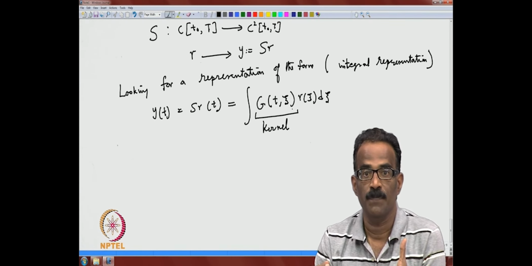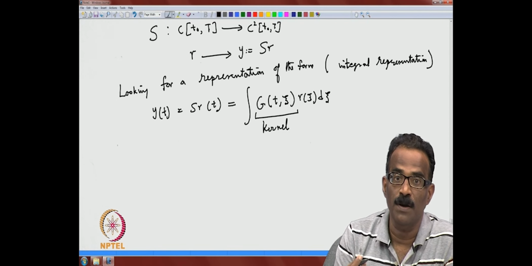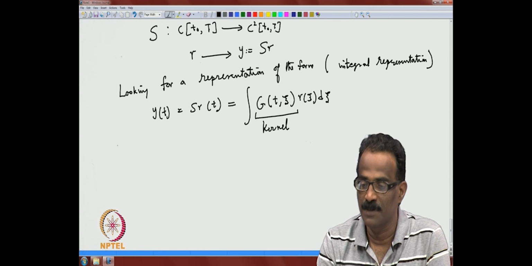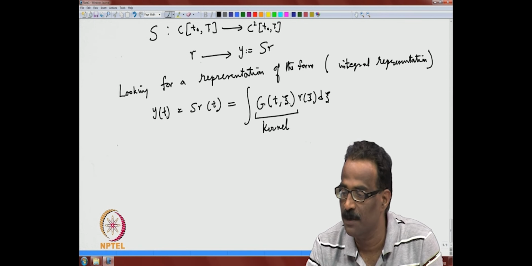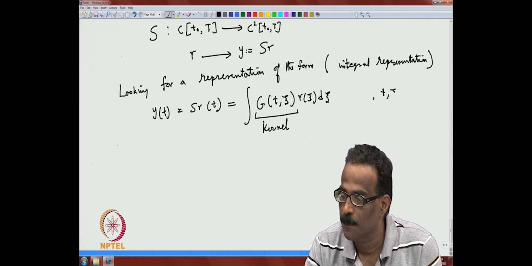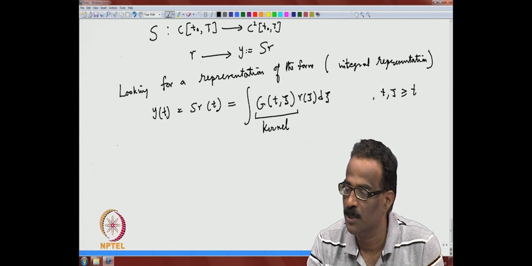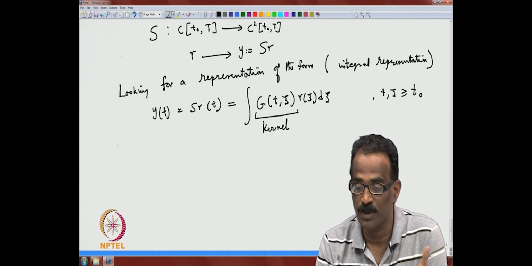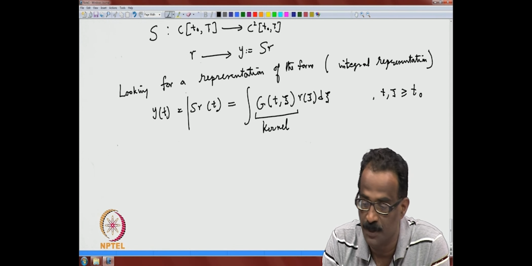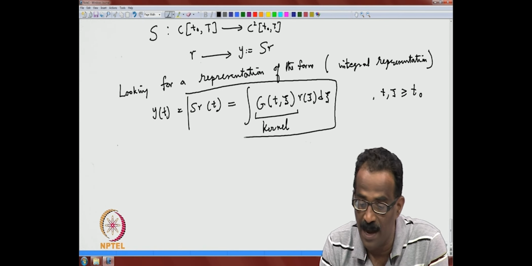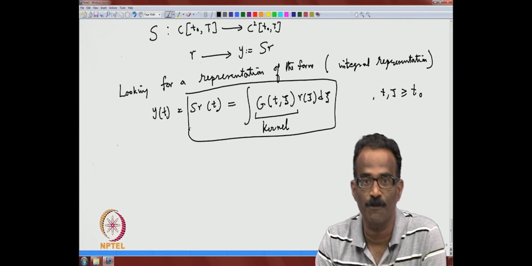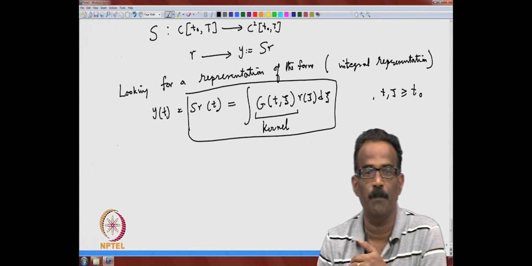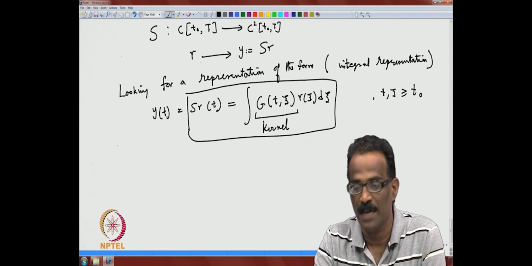Is it possible to find a 2 variable function g, a function of t and psi defined for t, psi greater than or equal to t naught, so that you have a solution representation, and that g should be independent of the forcing term? So, let us try to compute formally, which can also be justified.